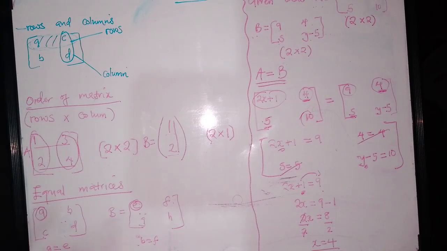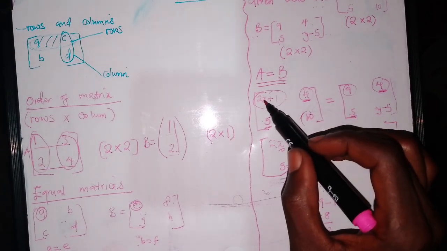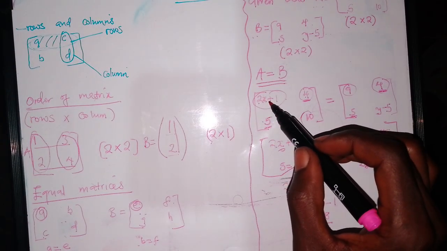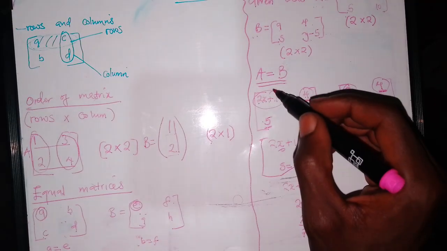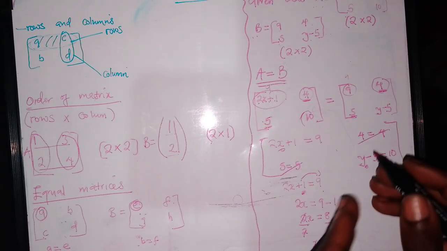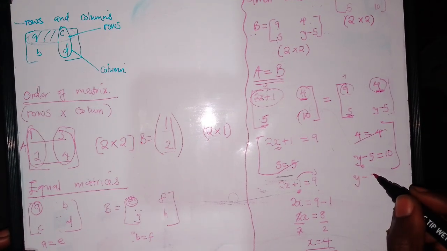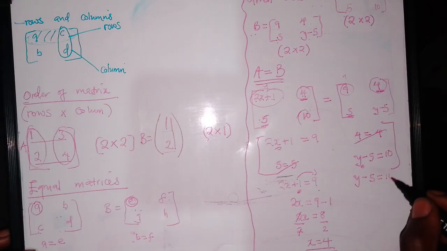So if you want to prove, if you replace 4 where there is x, you have 4 times 2 which is 8 plus 1 which is 9. Meaning here we have 9 and here we have 9. Then moving on to our second equation, you again say y minus 5 is equals to 10.